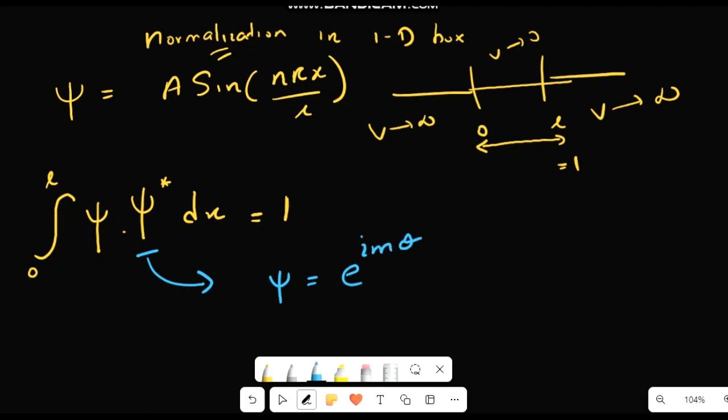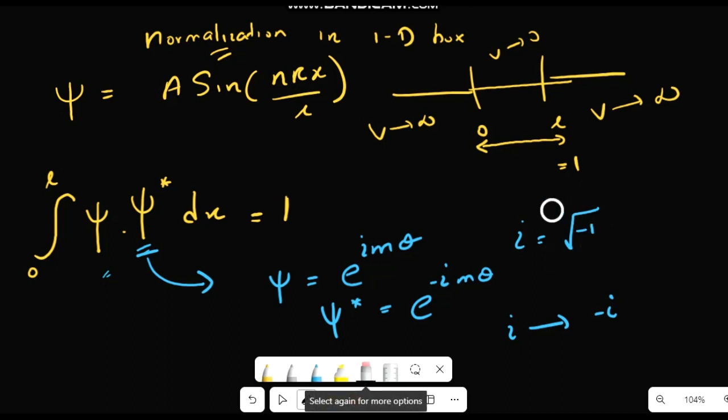You know what this term is, right? This i is the square root of -1. So psi star means e to the power minus imθ. Every time we take the star term, we need to replace our i terms with minus i. This is why I told you that it doesn't matter in our case, because we don't have i, so it's just the same psi over here. You just need to remember these things.